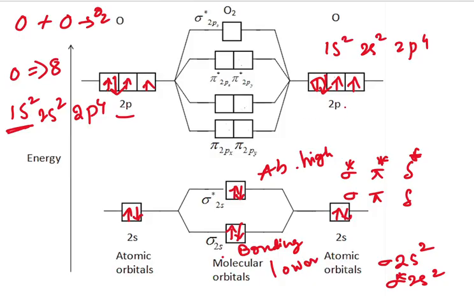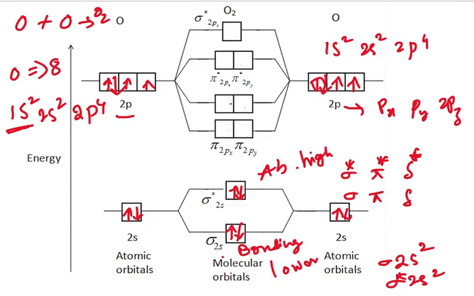As you know, the 2p orbital divides into 2px, 2py, and 2pz. Since the 2p orbitals of both oxygen atoms overlap, the molecular orbitals in the ground state are: 2pz with 2pz forms a sigma bond, whereas 2px and 2py form the pi bonds.